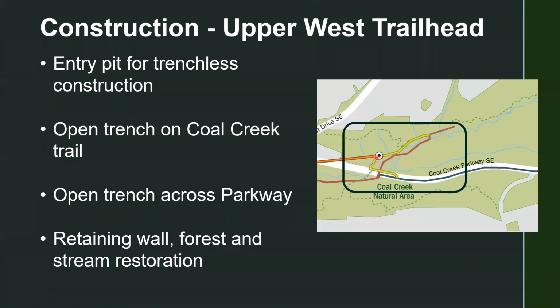I'll take over for just a little bit while Jacob investigates the technical capabilities of the system. So this is the entry pit here. If you follow my mouse on the screen, the little faux laser pointer. That's where we'll be launching the tunneling operation, and this is where there'll be the greatest amount of disruption, right in the Upper West Trailhead parking lot.